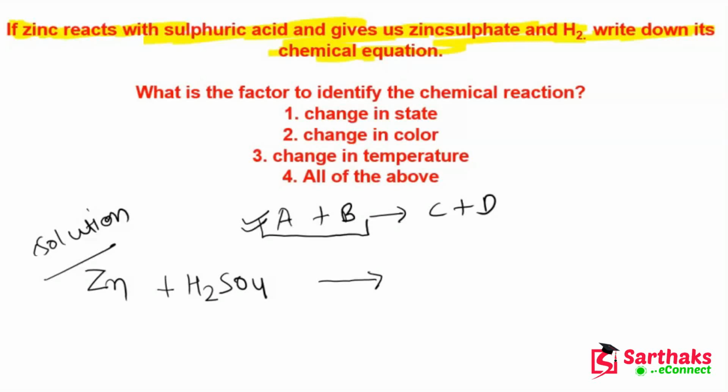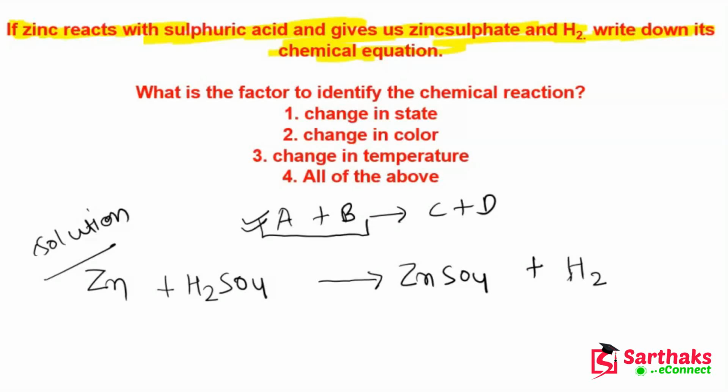And now we have to identify what all are the products. So what are the products, guys? Identify the products in this equation. The products in this equation are zinc sulfate, ZnSO4, which is its chemical formula, plus hydrogen gas, because hydrogen gas is also released as a product, so I have to write hydrogen on the product side.